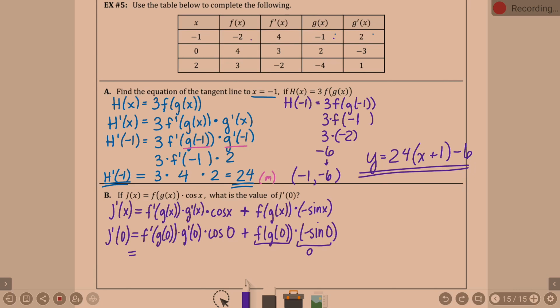Okay. Now, on the first half, f prime, what is g of 0? 2. So f prime of 2 times, what's g prime of 0? Negative 3. It's negative 3 times what is cosine of 0? 1. Plus, if you want to go ahead and nix that whole piece out, I'm fine with that.